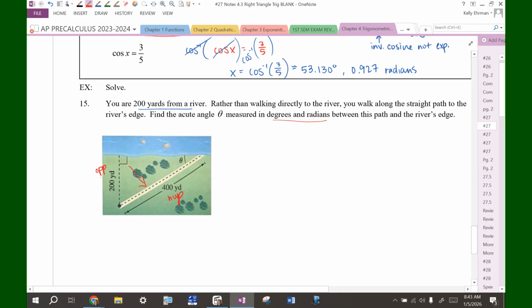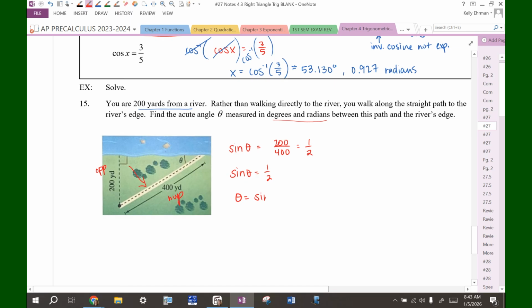So if I have the trig function with opposite and hypotenuse, that's sine. So sine of the angle, which is unknown, it's theta, equals opposite over hypotenuse. I can reduce that or not. I'm going to use a calculator. So sine of theta equals 1/2. So what do we do to find theta? We take the inverse sine.